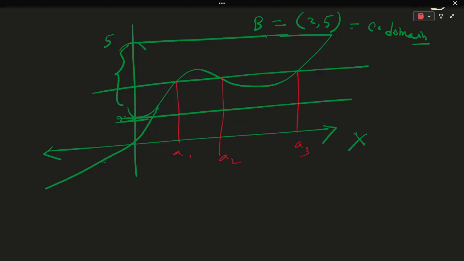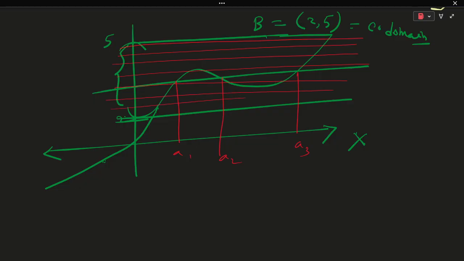Oh, sorry. It is onto because every horizontal line cuts the curve at least once, right?